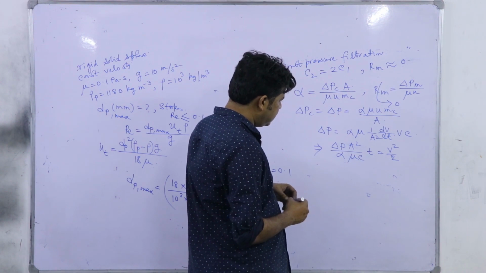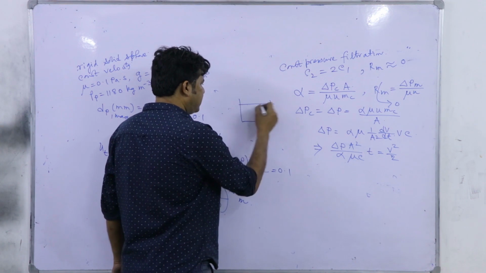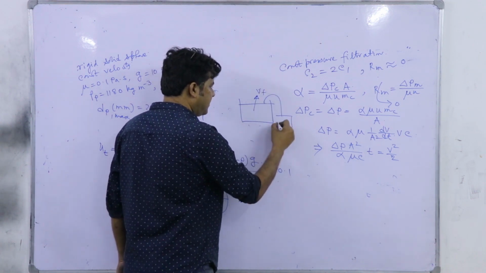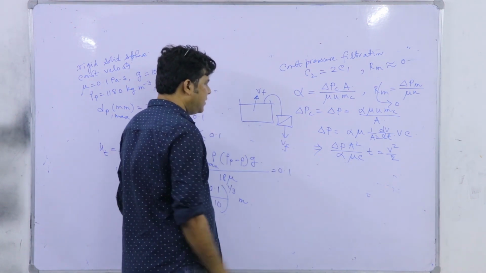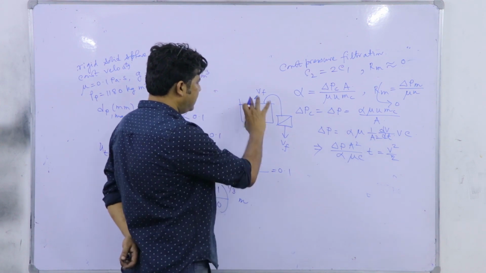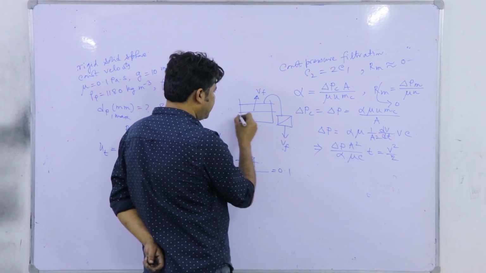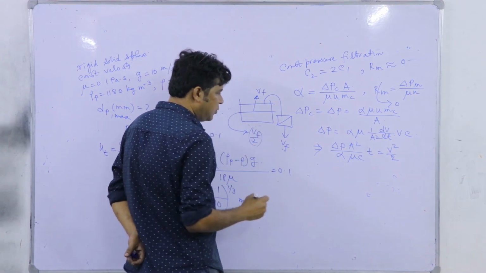So in a given amount of slurry, if you are starting with the amount Vf that is to be filtered, you have to remove this Vf. Now in the second case, you have reduced it to Vf by 2 because you have evaporated half.